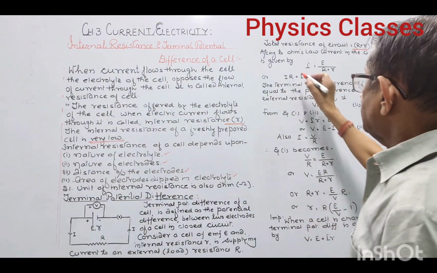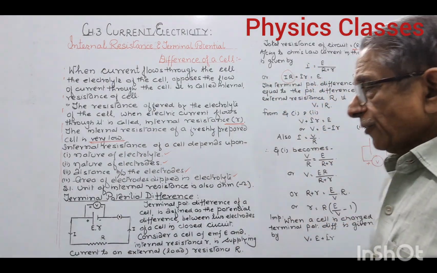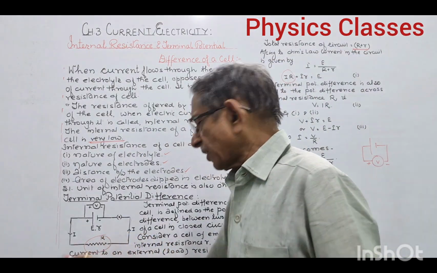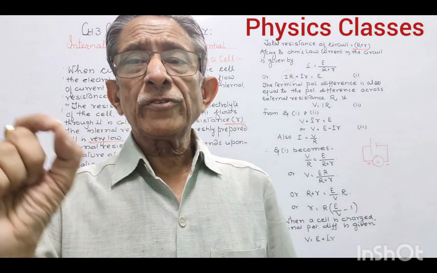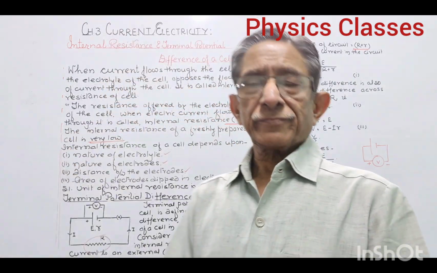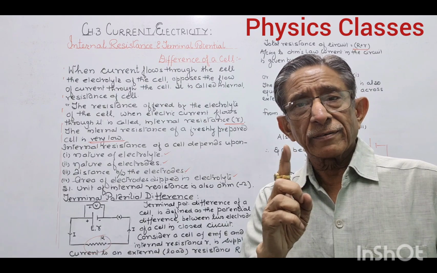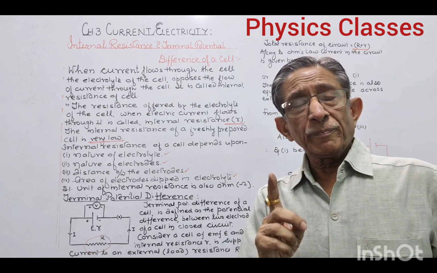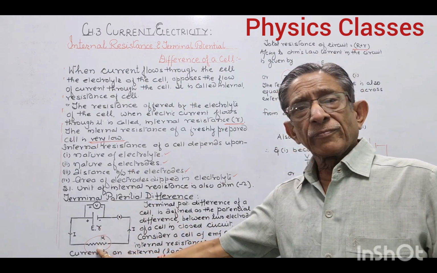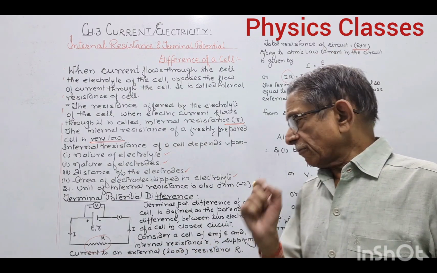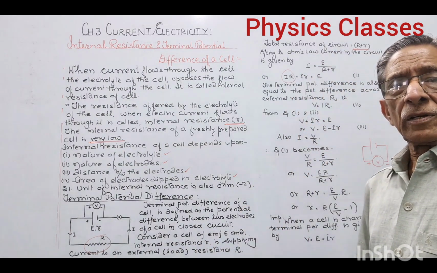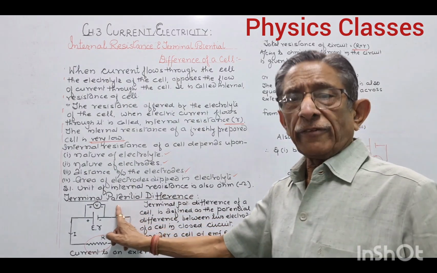This IR is the potential drop across this resistance, which is equal to terminal potential difference V. Remember that potential drop across external resistance R is equal to the terminal potential difference of the cell.